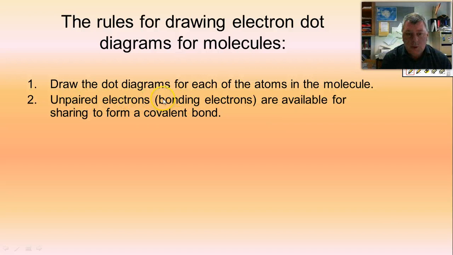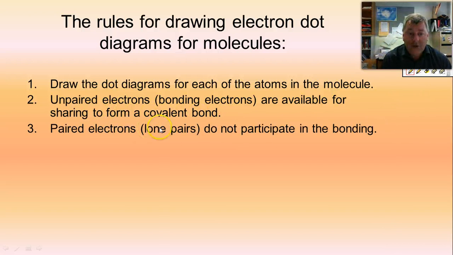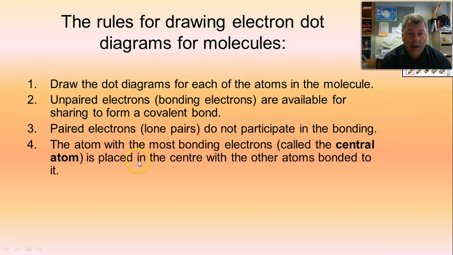Unpaired electrons, the bonding electrons, are available for making a covalent bond. So that tells us how many covalent bonds we need. Paired electrons, or the lone pairs, do not. So we don't count those in terms of the covalent bonds. The atom with the most bonding electrons, so the most single electrons, once we've drawn our diagram, is called the central atom.